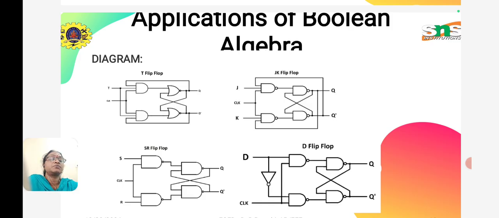All the flip-flops use NAND gates, with two inputs and, along with this, a clock pulse input. In the T flip-flop, the J and K inputs are tied together, and likewise in the D. The JK flip-flop has two inputs, J and K, along with the clock input. In the JK flip-flop, the output Q bar is connected to one input, J, and Q is connected to the other input, K. Based on this, we achieve the toggle mode.